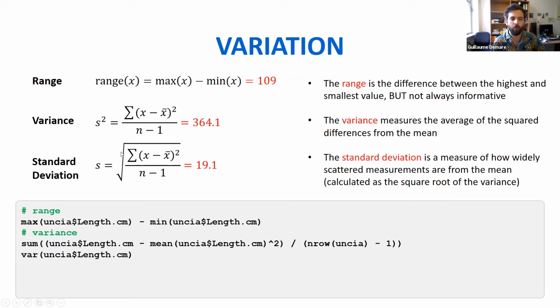If you take the square root of the variance, you end up with the standard deviation. This is trivial. You can go from one to the other by simply squaring or taking the square root of the other. So if you know the variance, you also know the standard deviation and vice versa.